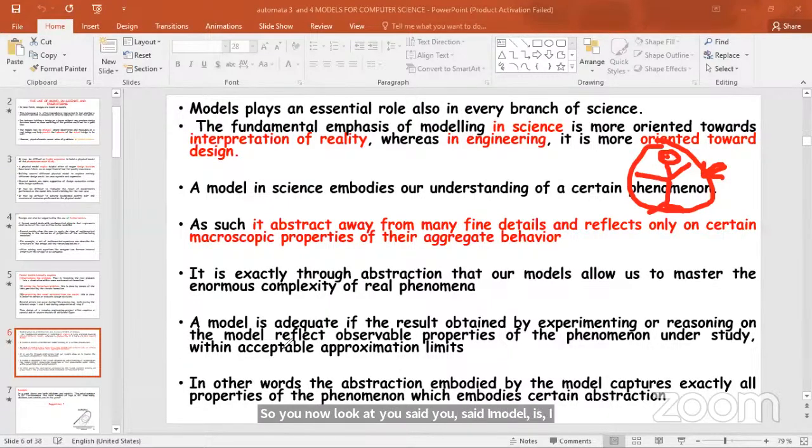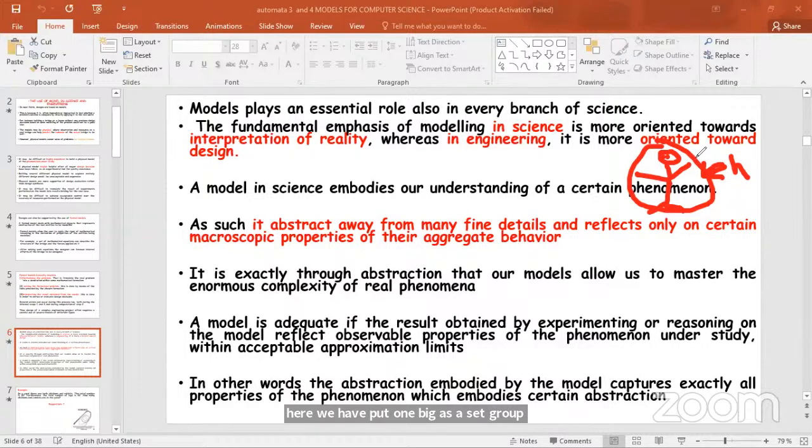So if you now look at it, a model is adequate if the result obtained by experimenting or reasoning on the model reflects observable properties of the phenomenon under study. So when you look at this torso, it has reflected observable properties under study. What are we studying? Human, right? So this, in a way, has sufficiently represented what can be found in the human body within acceptable approximation limits. Everything we have done here, we have put one big circle to represent all the functionality in the head.